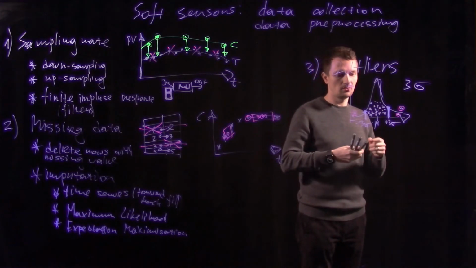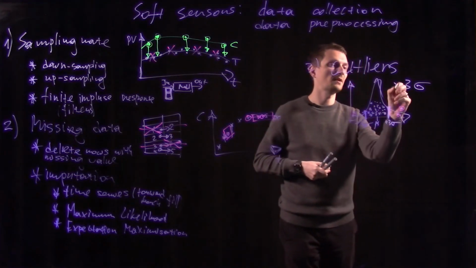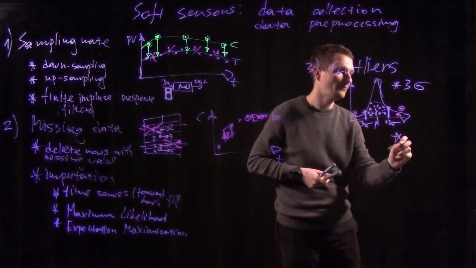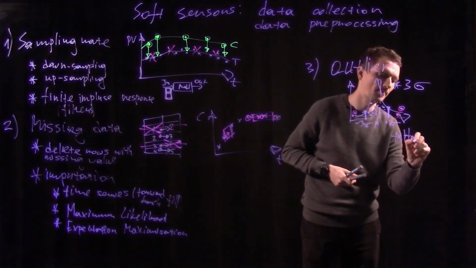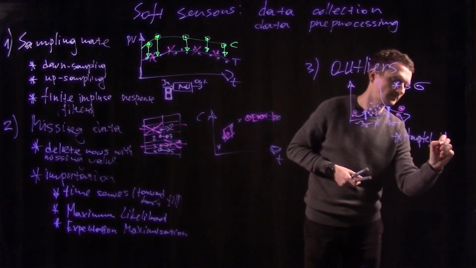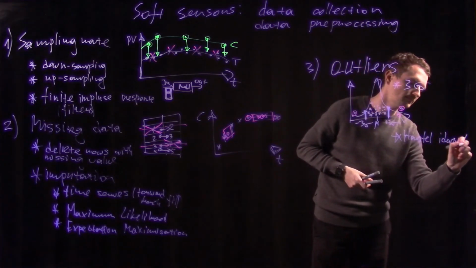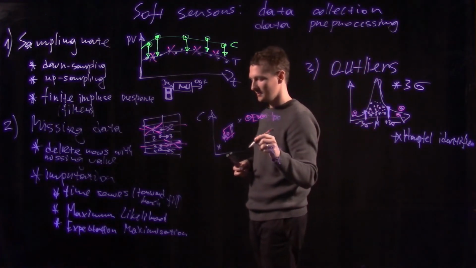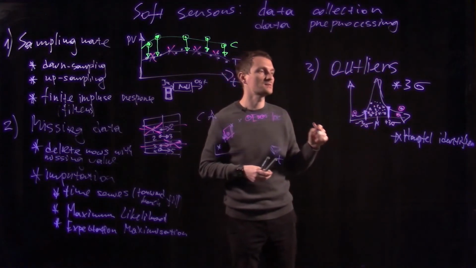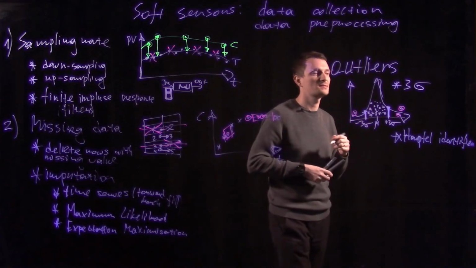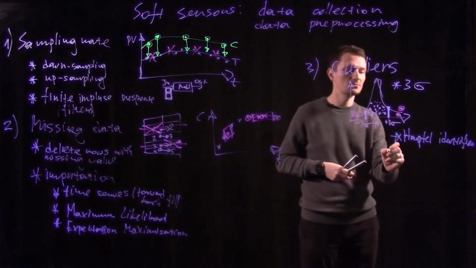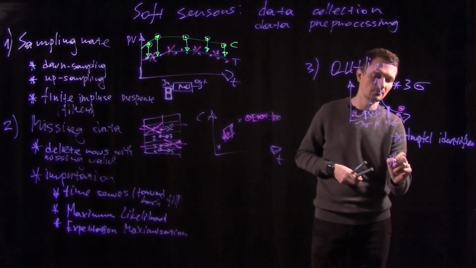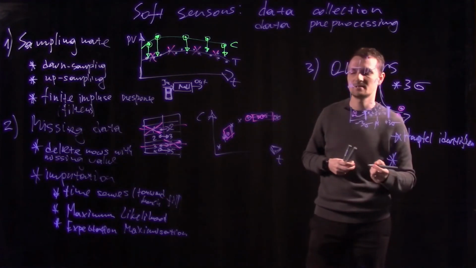Another technique is called the Hampel identifier, where instead of the average value and the sigmas, you just use other statistics. There are also other multivariate techniques.